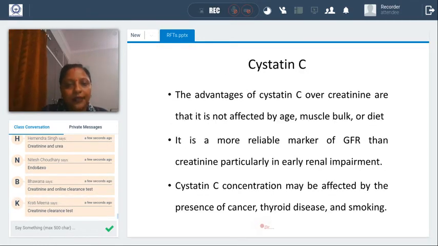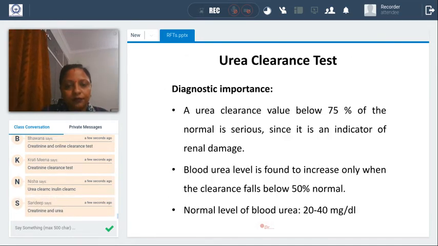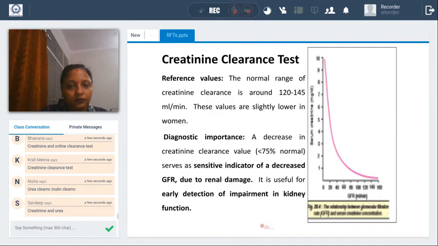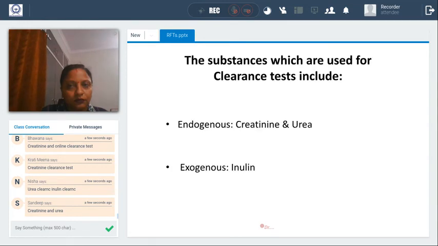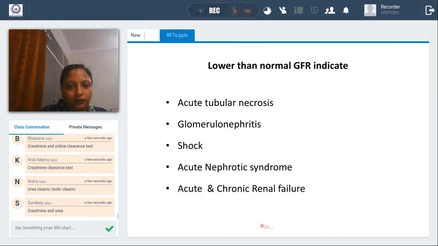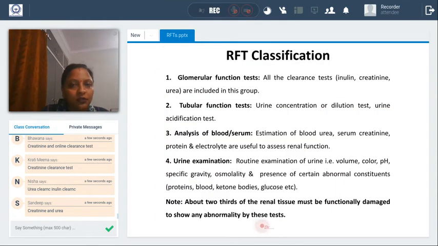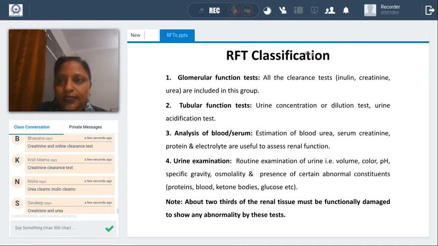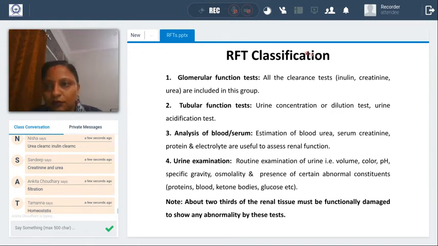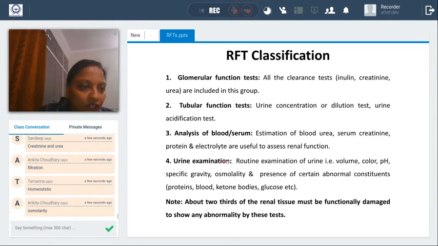So I repeat all the presentation. What are the functions of kidney? Please add in the box. We will revise all the slides quickly. Khemchand, please add in the box two important functions of kidney.